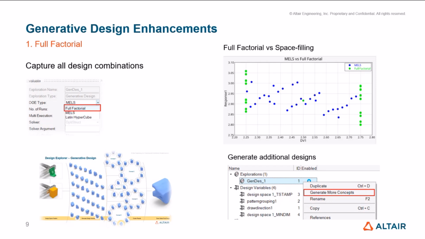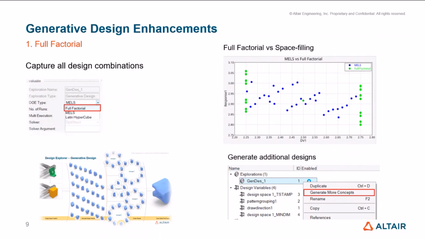So they'll generate runs similar to what's shown in the upper right hand side there. That's a very simplified 2D example of how the points in the runs will get chosen within the design space. MELS is a space filling algorithm, and it will tend to generate runs, in this case concepts, that are similar to where those blue points are placed. So it fills in the design space.